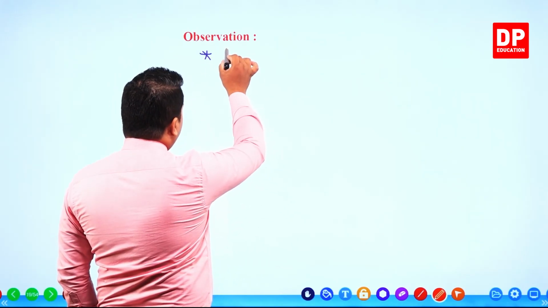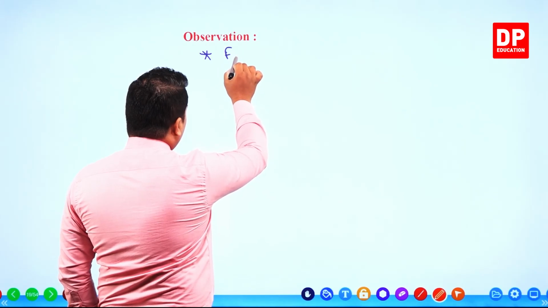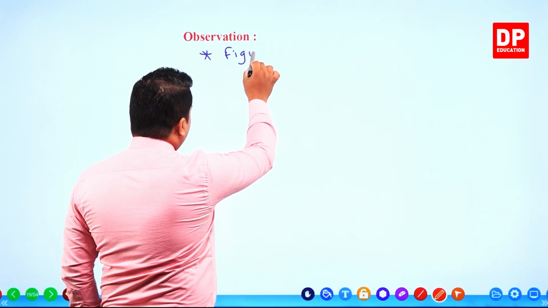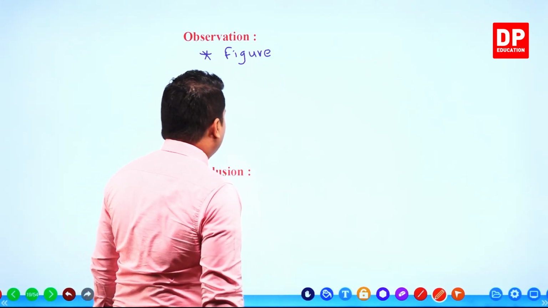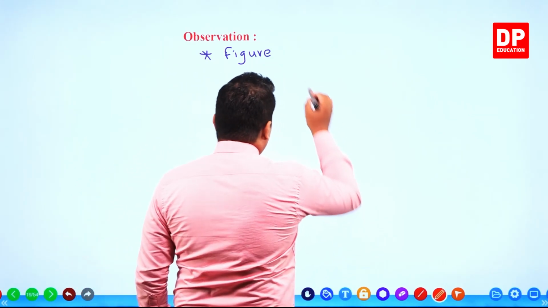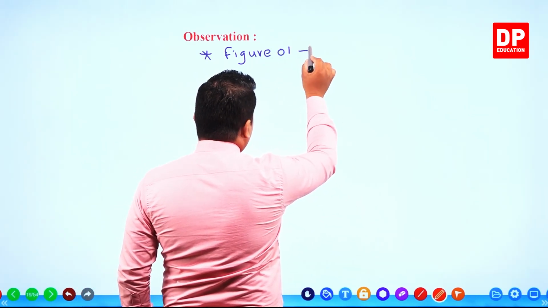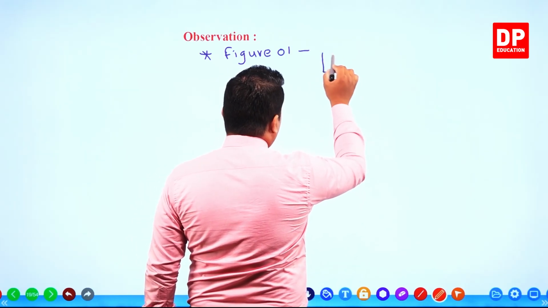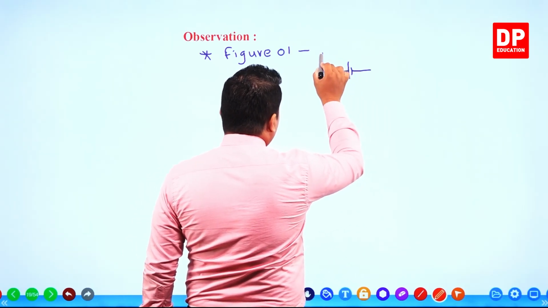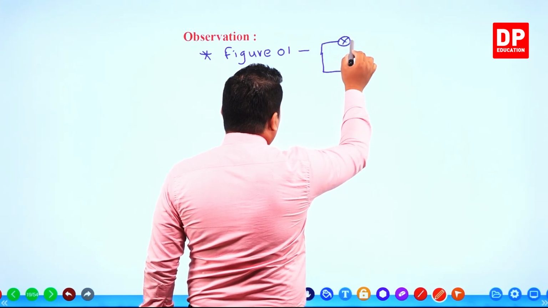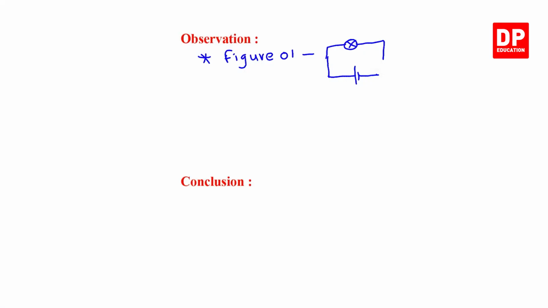Observation. So figure 1, 2 and 3, let's separate. Figure 1, it's like this, the simple circuit that we connected by using a simple dry cell and a switch.